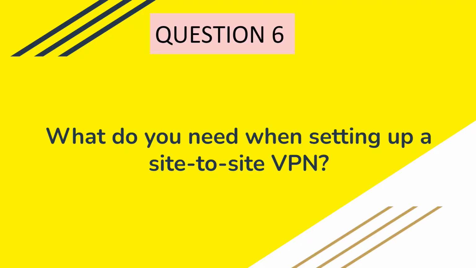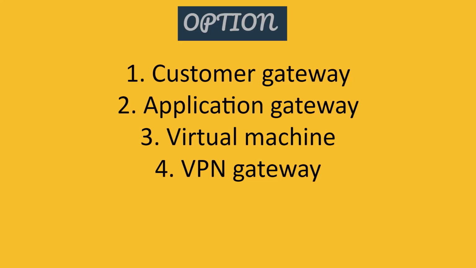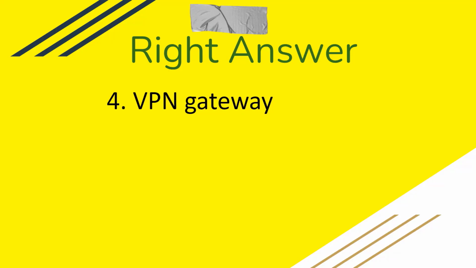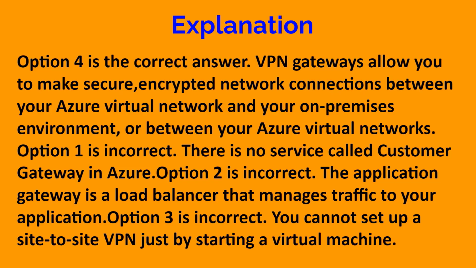Question 6. What do you need when setting up a site-to-site VPN? Option 1. Customer Gateway 2. Application Gateway 3. Virtual Machine 4. VPN Gateway. Right answer is 4. VPN Gateway. Explanation. Option 4 is the correct answer.